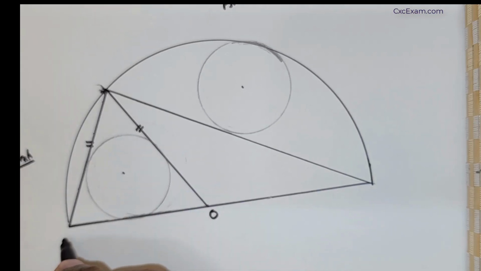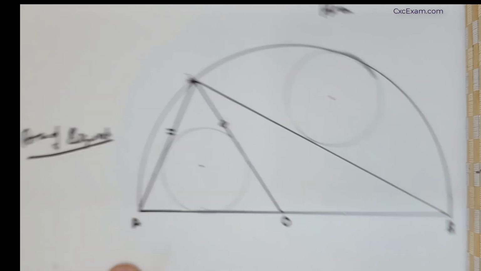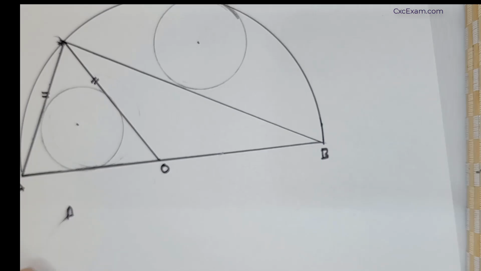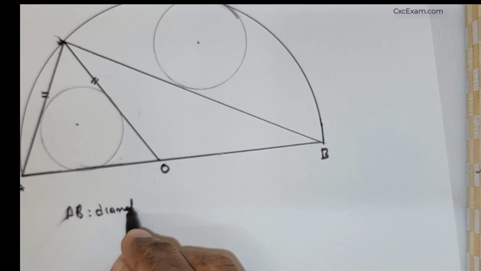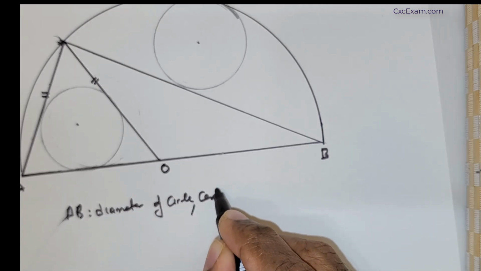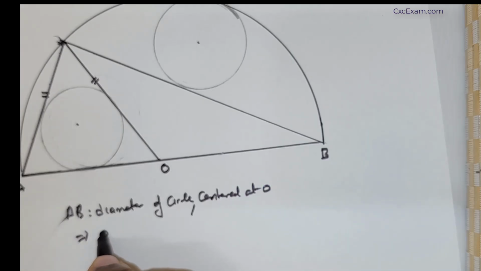Now I'm going to name the figure as AB is the diameter. So AB is the diameter of the circle, center at O. So this means OA is the radii.